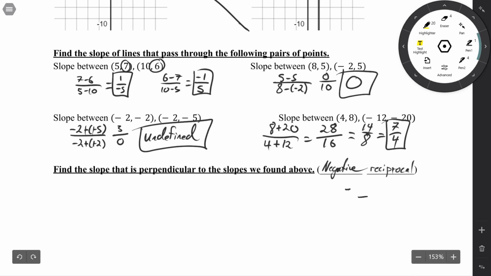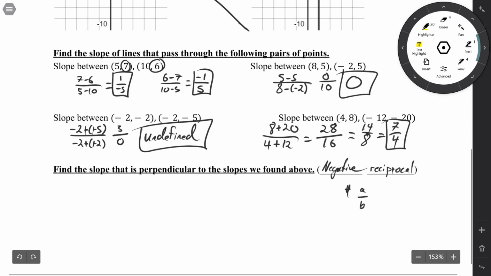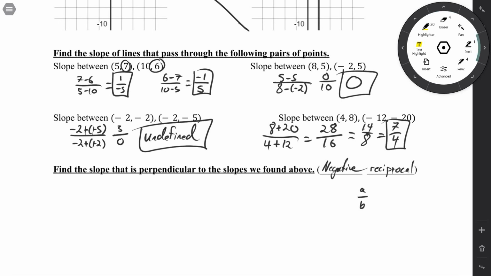And reciprocal, if we have some fraction, I'm not going to use x's, that might be confusing here. We'll have fraction a over b. So if we're taking the negative reciprocal of fraction a over b, we would add a negative in and flip it. So it would be negative b over a. That's how we would get the negative reciprocal there.